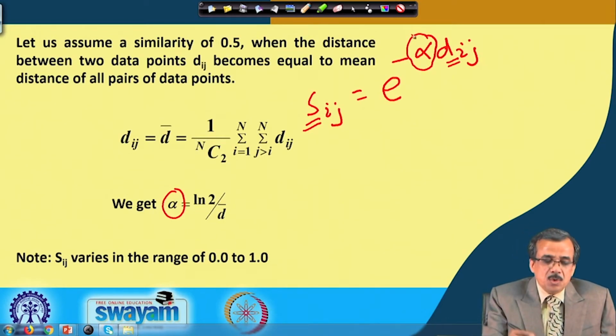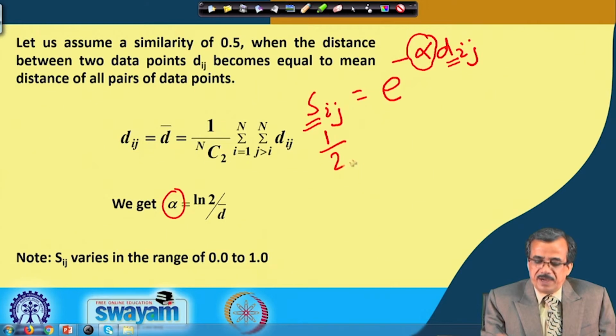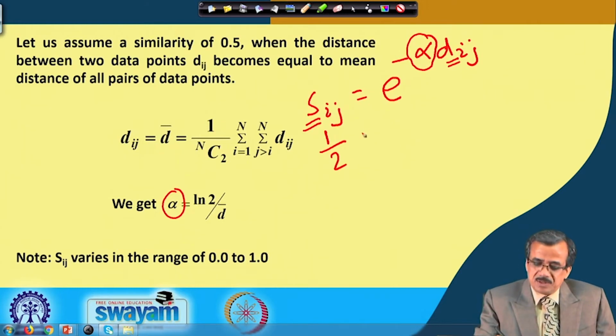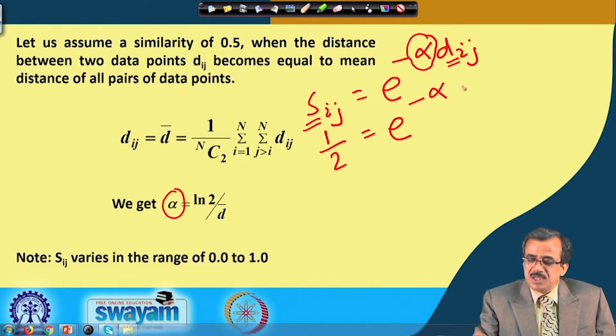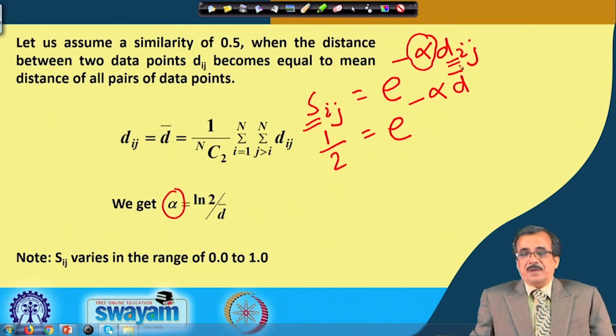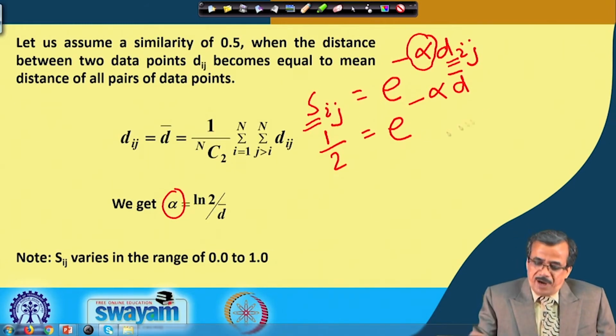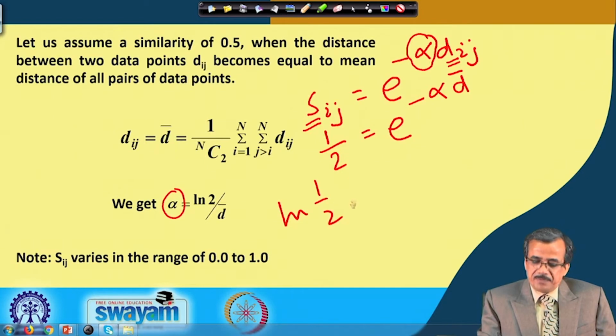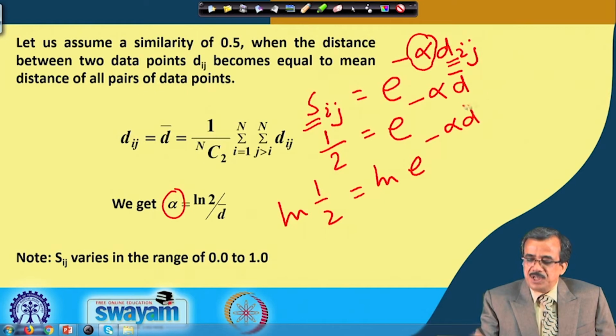Now, what we do is we consider a similarity of 0.5. So, 0.5 is nothing but 1 divided by 2, and that is equal to e raised to the power minus alpha d bar, where d ij is the mean distance d bar. Now, if I take the log base e on both sides, I will get ln half equals ln e raised to the power minus alpha d bar.